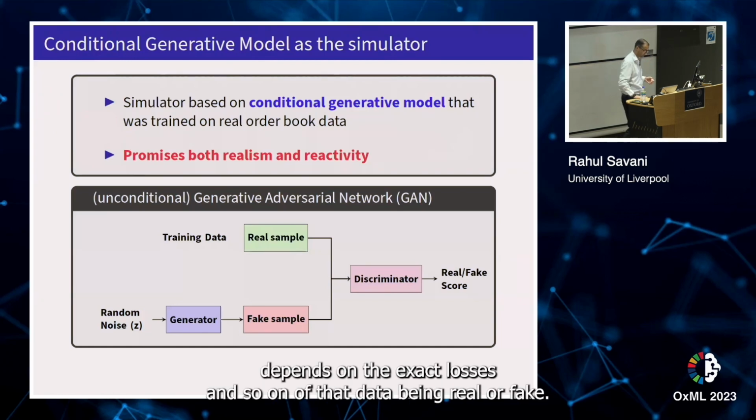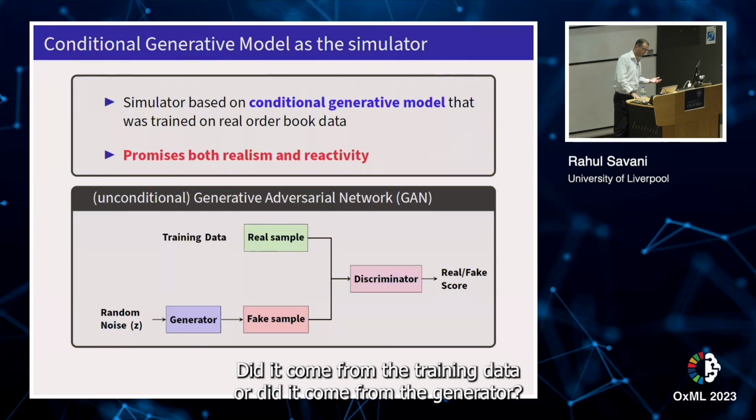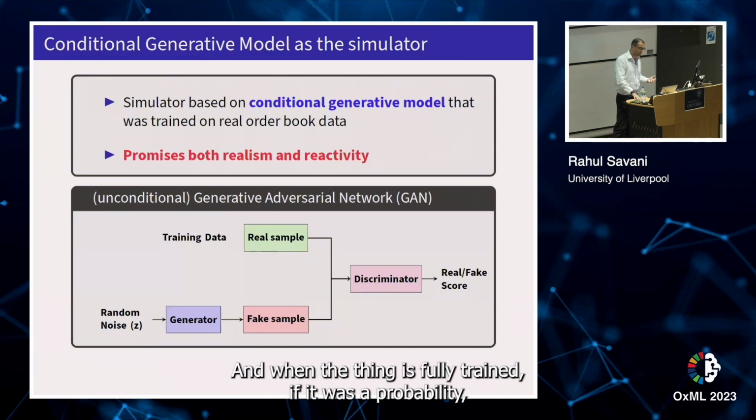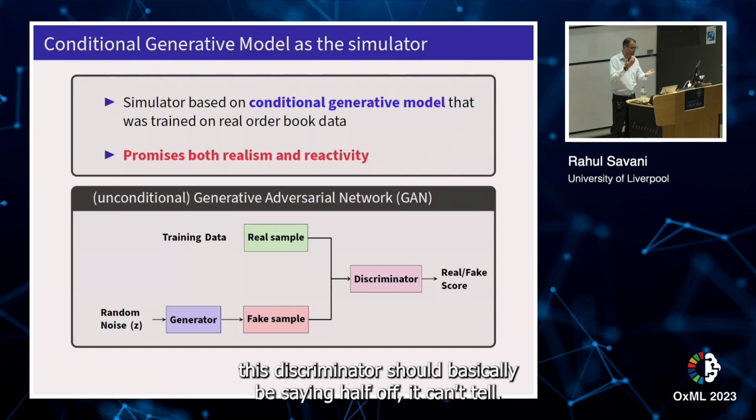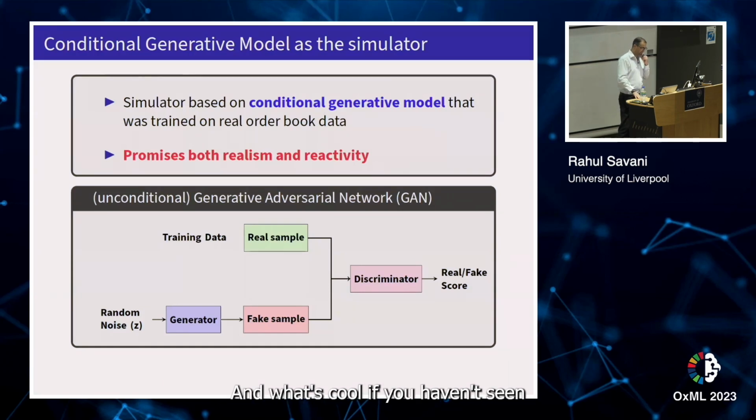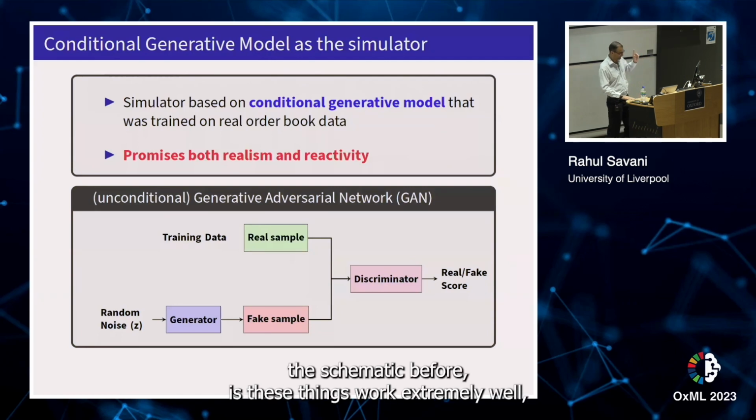It depends on the exact losses and so on, of that data being real or fake. Did it come from the training data or did it come from the generator? And when the thing is fully trained, if it was a probability, this discriminator should basically be saying half-half. It can't tell. And what's cool, if you haven't seen this schematic before, is these things work extremely well.